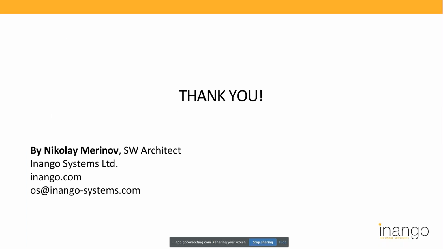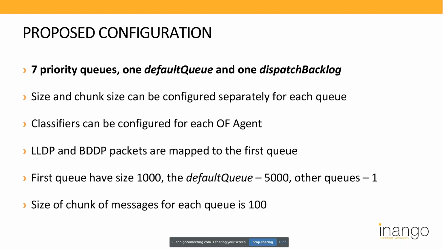Are you providing any REST APIs or CLI that allow inspection of the queues in terms of KPIs, how many, the size of the queue, that type of thing? Yes, we're going to provide the possibility to configure all that I mentioned at runtime. So change the size of a queue, look at the size of a queue at runtime, configure classifiers, and so on.